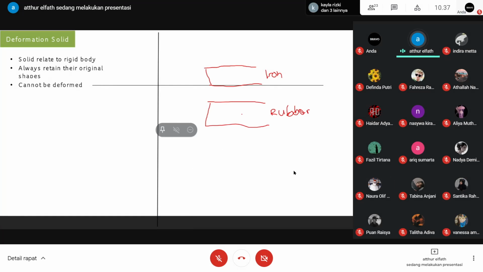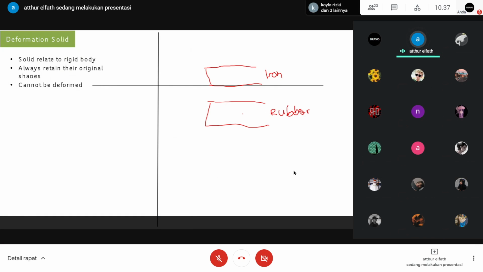But it will be different if you want to deform the rubber material. You need to use your hand. Maybe you can pull this rubber with your natural force, and then what will happen? The rubber will be longer than before.